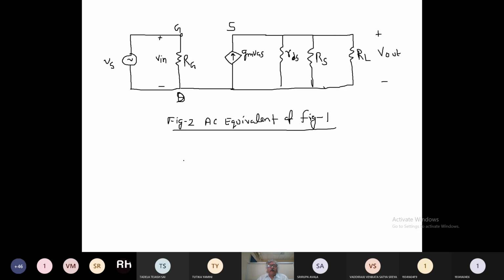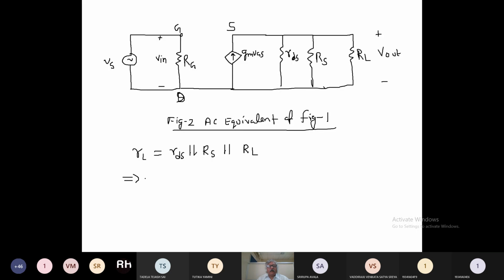Right? So now what I will do, small RL, I have taken a new value, and this is equal to RDS parallel to RS parallel to RL, right?